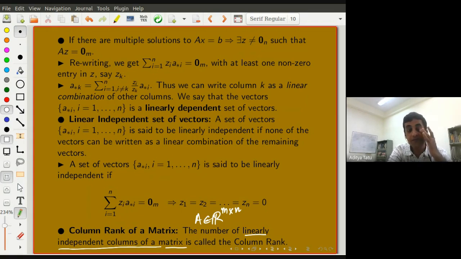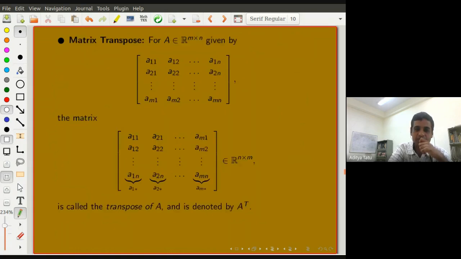Now, once we have introduced the column rank of a matrix, the obvious question is there must be something like a row rank also, right? There is column rank, then there should be row rank as well. Before we get to that, let us introduce a concept that I'm sure all of you are familiar with, which will help us deal with columns and rows in the same manner.